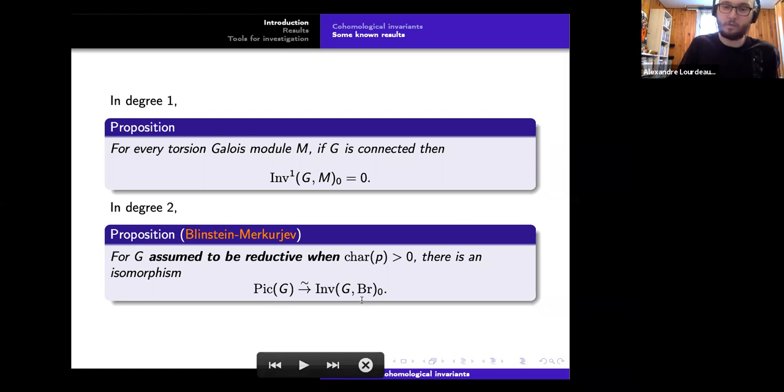I call it the normalized Brauer invariant, and it is isomorphic to the Picard group of G. So here the restriction is that we assume G to be reductive for a positive characteristic, and also at first we don't have a naturality of the isomorphism. So I will come back to it later.